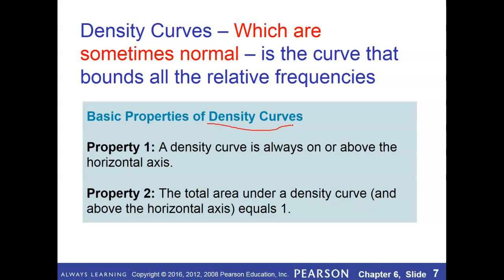And the density curve is the curve that summarizes all of the different bars in those graphs. So there are two properties about a density curve that we need to know about. One is that it's always above the horizontal axis. It's never going to dip below the horizontal axis. And second, the total area underneath the density curve is always 1.